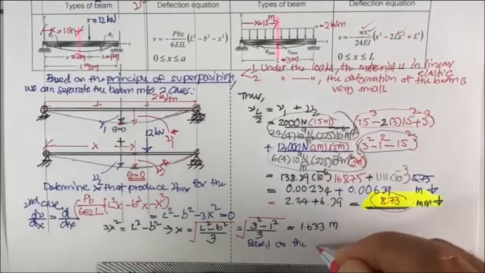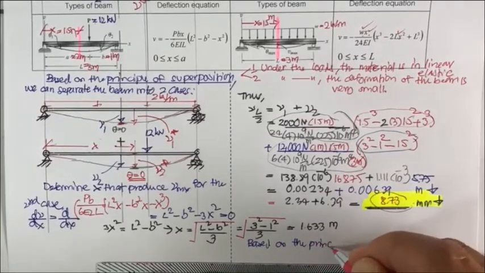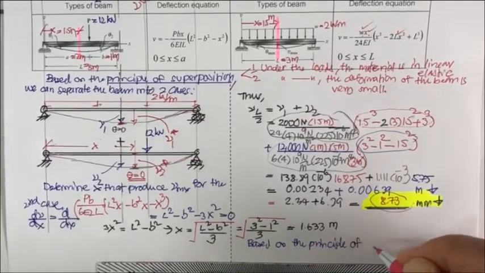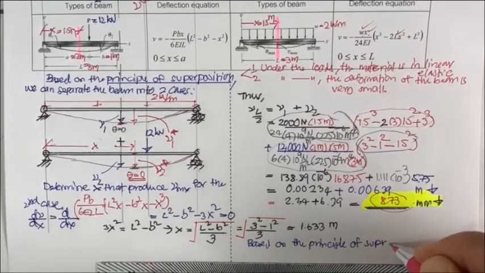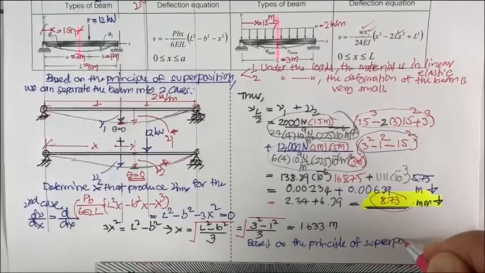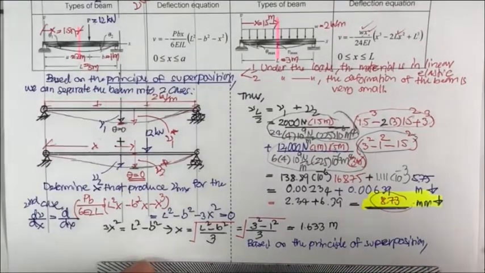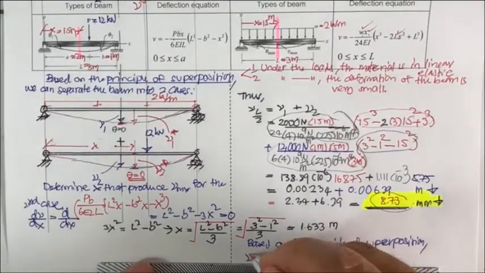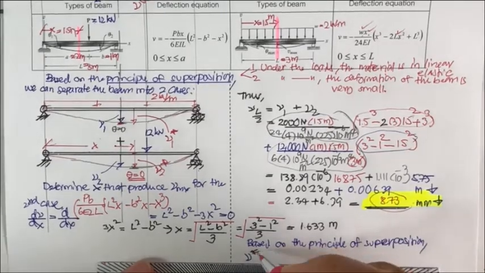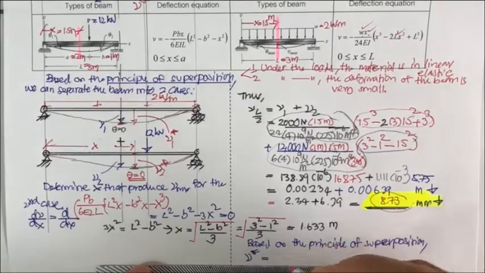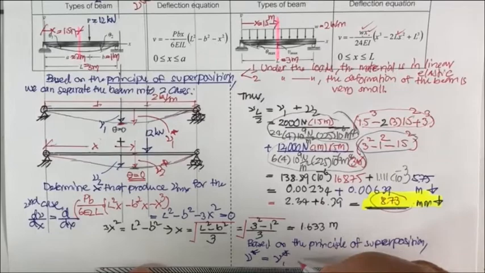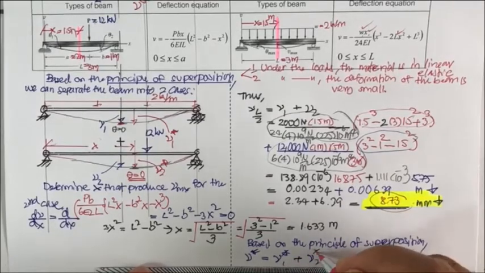On the principle of superposition, what we have is V star is going to be equal to V1 star plus V2 star.